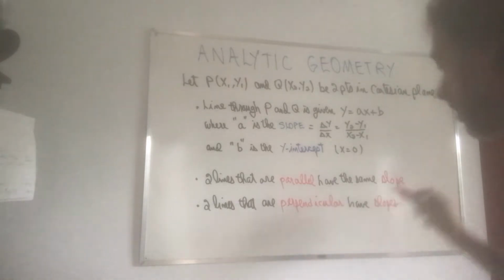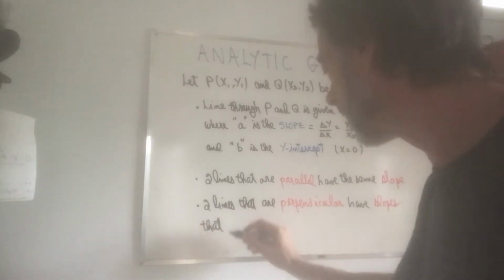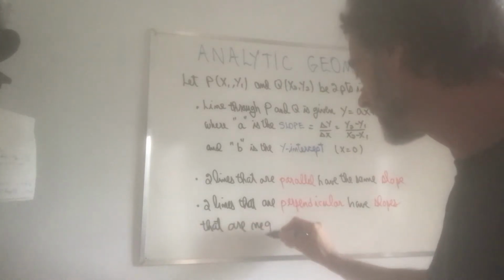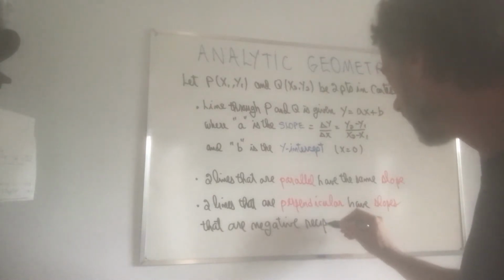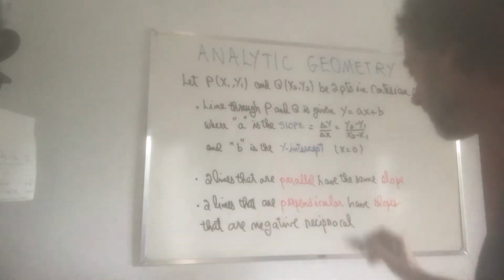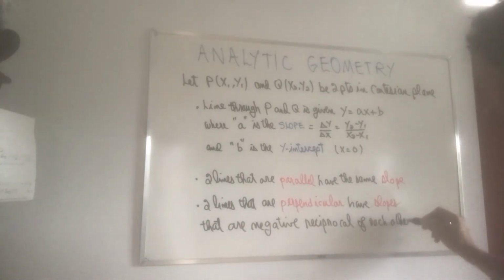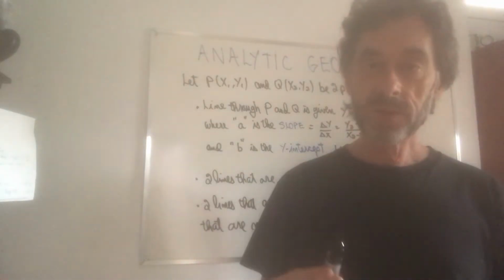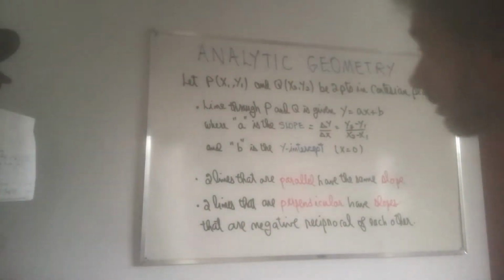Negative reciprocal of each other. What does that mean? It means that if one line has slope of 3, then the line perpendicular to it will have slope of the negative reciprocal of 3, which is minus 1/3. Yes, absolutely. All right, so these are the basic notions.